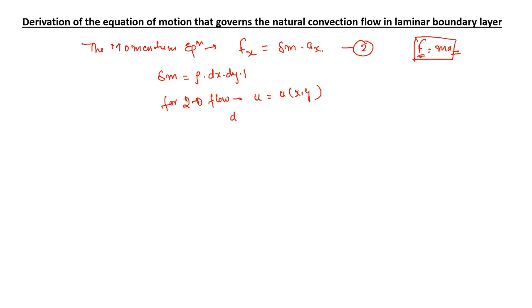So the total derivative du is equal to ∂u/∂x dx plus ∂u/∂y dy. Let's say this is equation number 3. Now, if you want to calculate the acceleration of the fluid element in the x direction, this is ax, which is equal to du by dt.